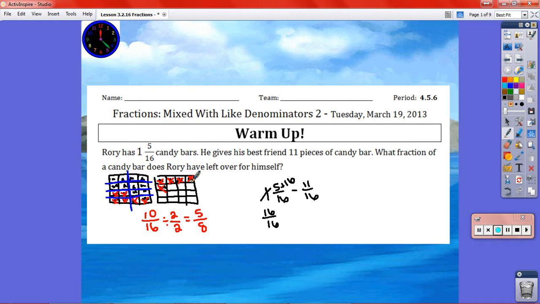So the 5 pieces plus the 16 pieces for the whole candy bar together makes 21 pieces. So basically this is 21/16 minus 11/16. And then you just do 21 minus 11 is 10. And then you simplify. You get 5/8. So you can do it with numbers as well. This is what we'll be working on today.